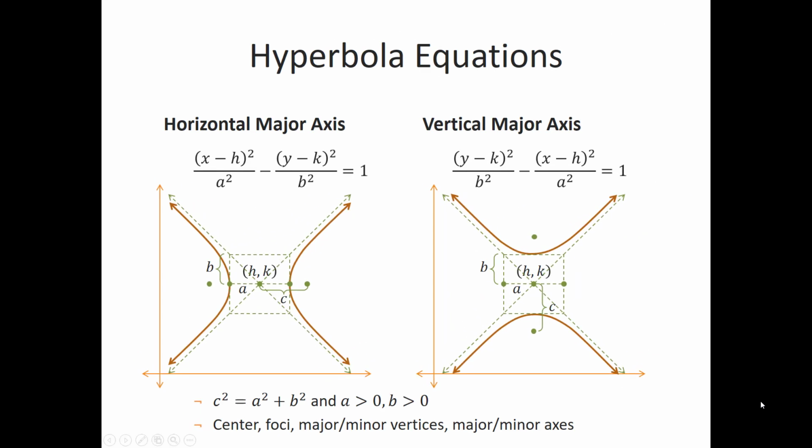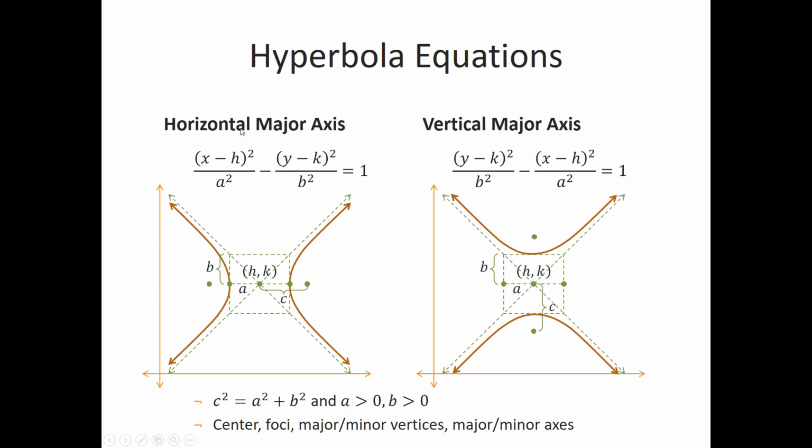In general, hyperbolas are similar to ellipses. The equation looks very similar, but what you should notice right off the bat is there's a minus here instead of a plus, and because that's a minus, that produces two variations on the equation.